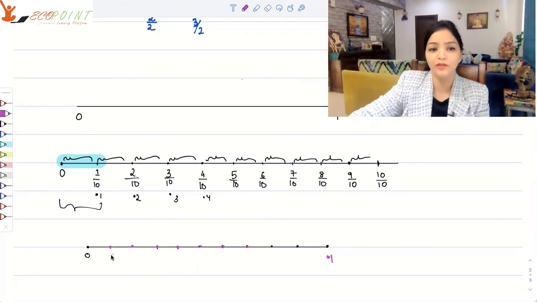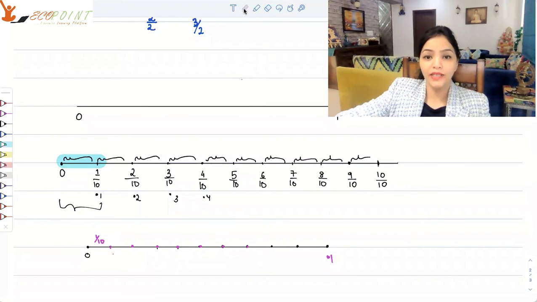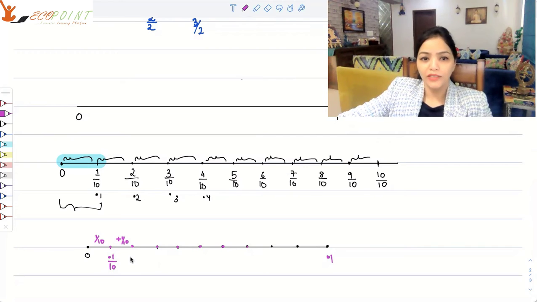If I'm doing so, that means the next point after 0 is 1/10, because it's the first point after 0. So it becomes 1/10 of 0.1, that is 0.1 upon 10. Then you add 1/10 more, and it's going to be 0.2 by 10, and so on and so forth.